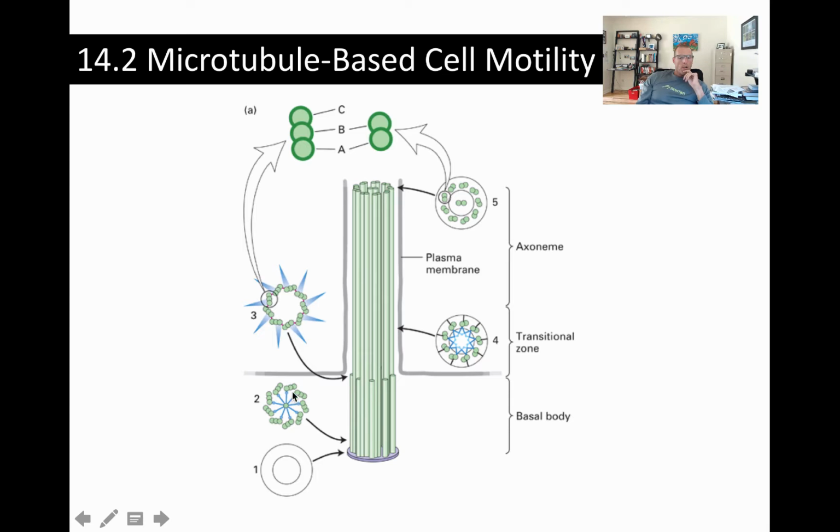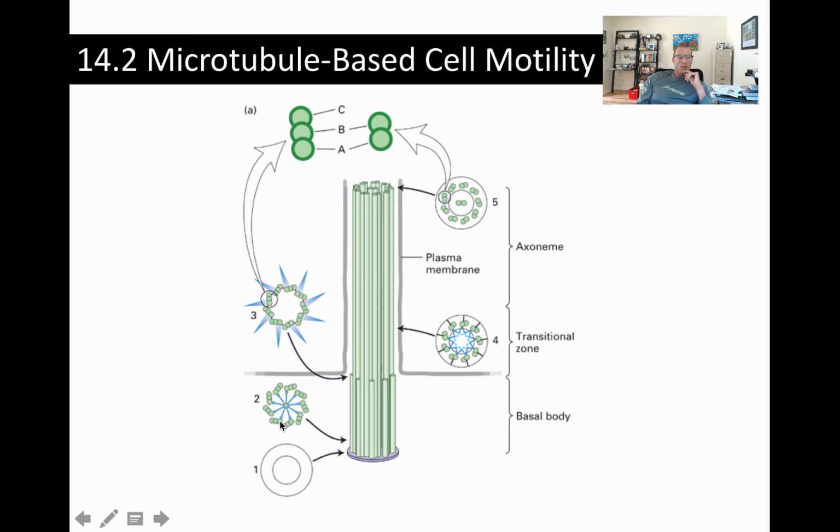The basal body looks like a centriole. If you looked at centrioles when we talked about microtubule organizing centers, you have 9 sets of tubular microtubules arranged as triplets.